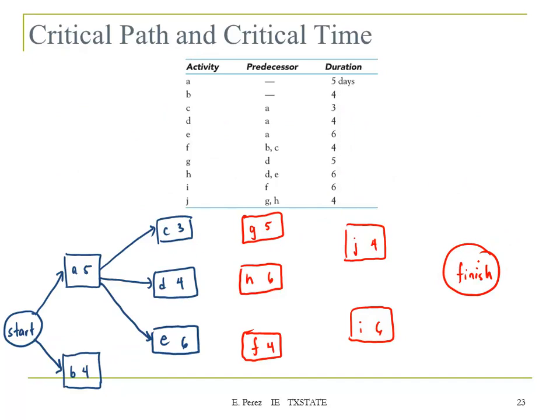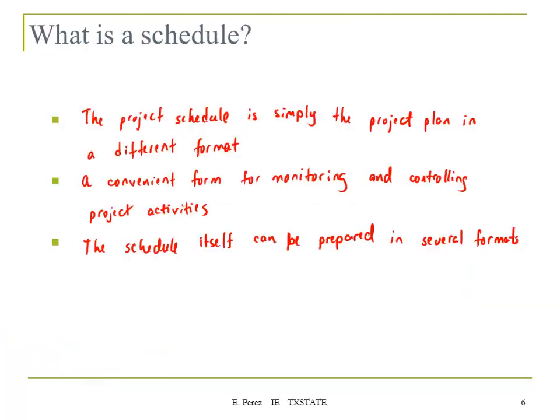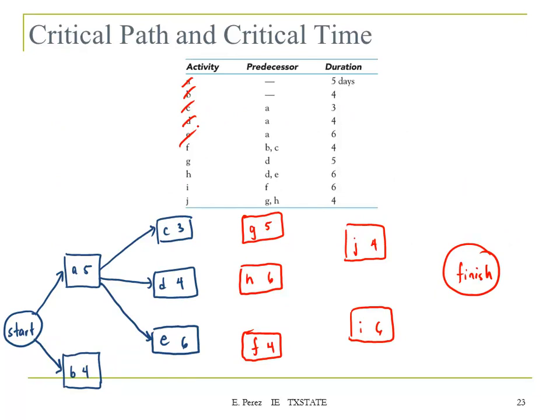So we have A, B, C, D, and E. Now we are looking at F. So F has B and C. Yes, switch C and E. That's okay.